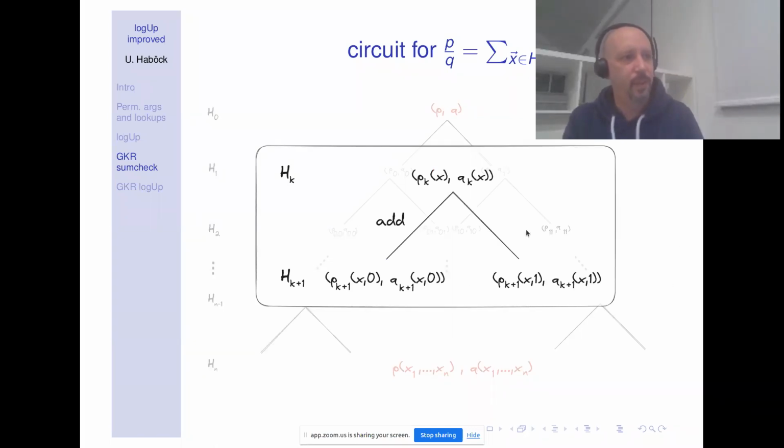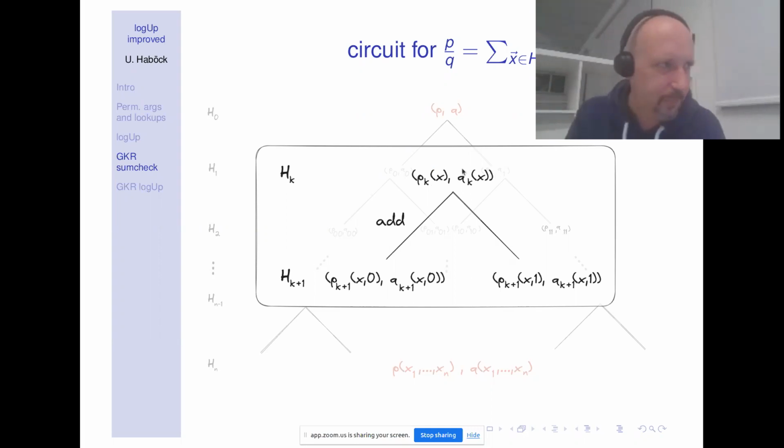So if you look at one of these gates, it's just the addition gate of two fractions. So let's assume we have the point x. x actually consists of many coordinates, but I didn't use the vector notation here in this slide.